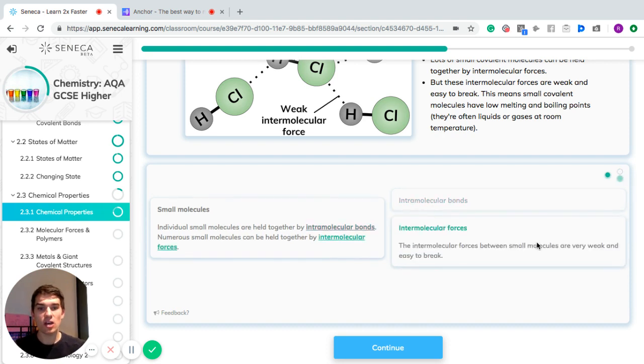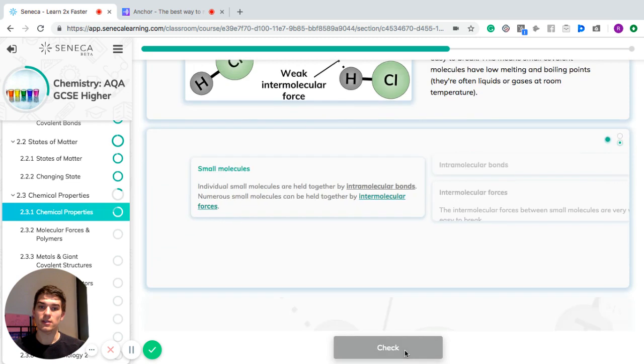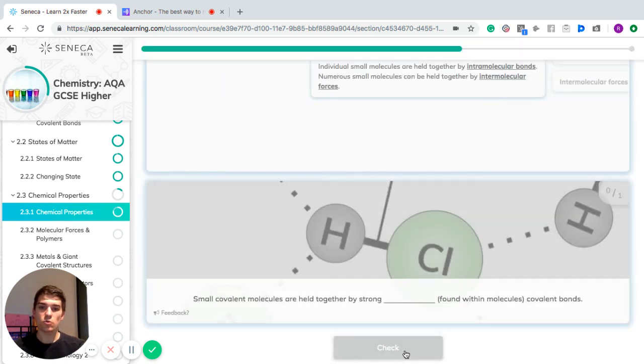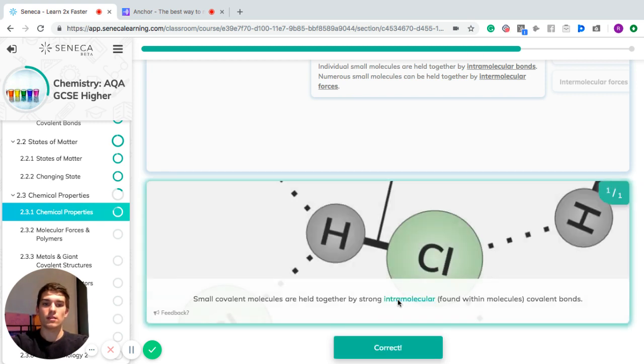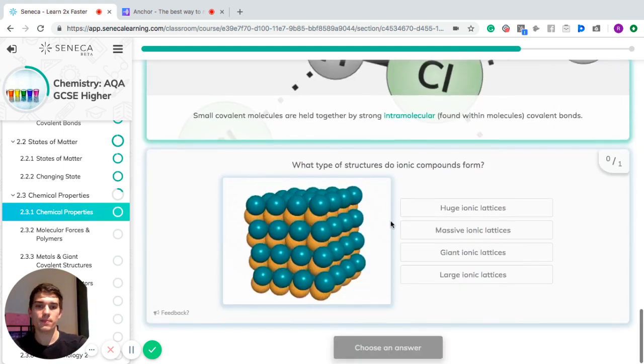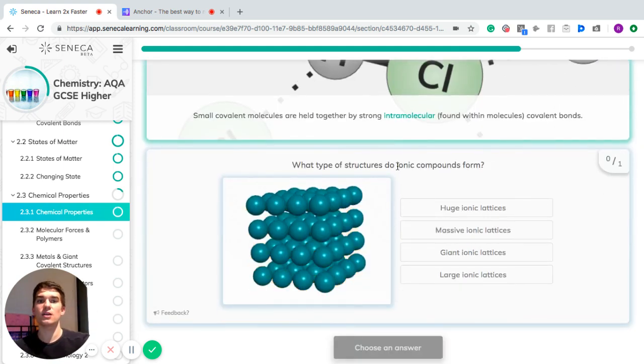But an intermolecular bond is the forces between molecules, and they're very weak and easy to break. Small covalent molecules are held together by strong intramolecular covalent bonds. Remember, those are different from intermolecular bonds, which are weak.